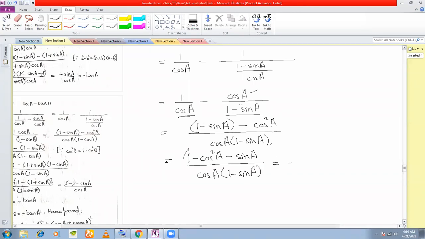Now 1 minus cos square here can be written as sine square A. Okay?